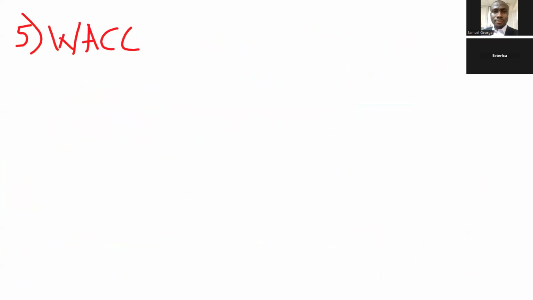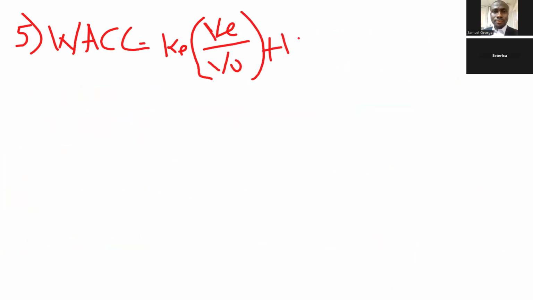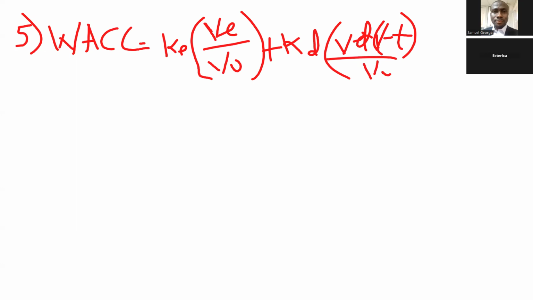So how is it going to be? WACC is equal to KE, I've written the formula before, VE divided by VO, plus KD VD (1 minus T) divided by VO.